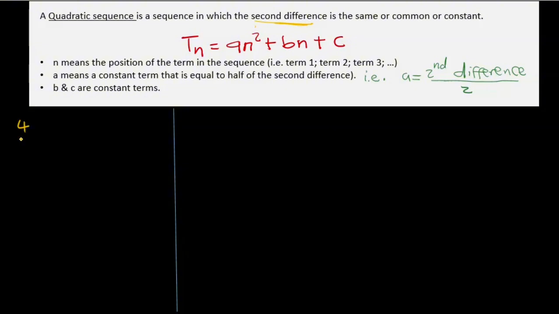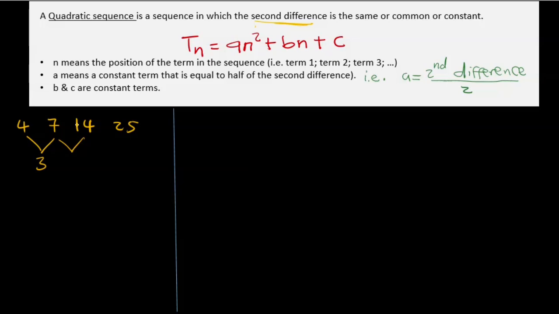Say you have a number pattern 4, 7, 14, and 25. So a difference is the result of a subtraction operation. What do I mean by that? So you say 7 minus 4, that will give you a 3. A 3 is a difference.